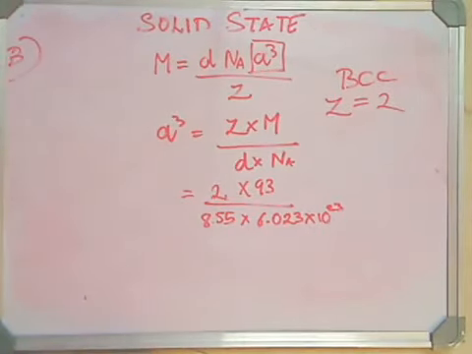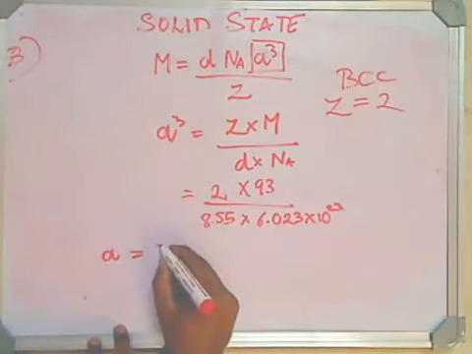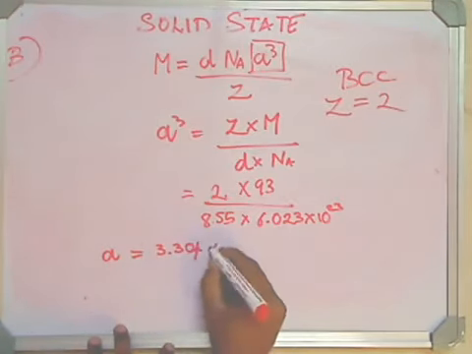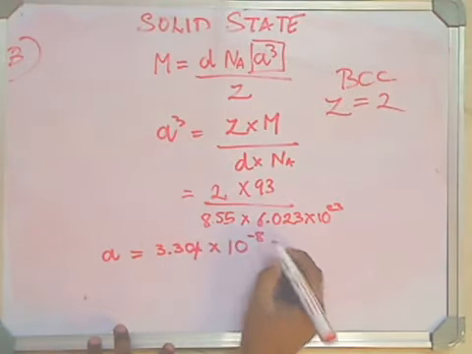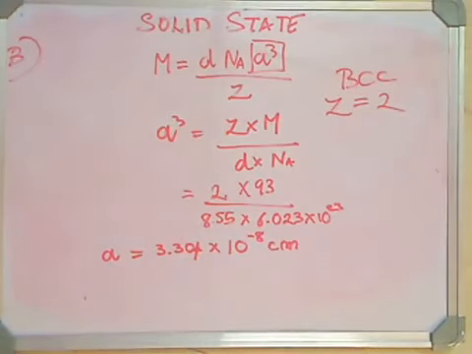Okay, now this should give you the value as the edge length A should be equal to 3.304 multiplied by 10 to the power of minus 8. Once again, use a scientific calculator to calculate all this. Otherwise, it's impossible to do this on paper without screwing up majorly.